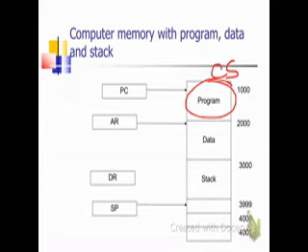Then you have another block here which says data, so this is nothing but the data segment. So you are executing a program, the program has been loaded into memory, the instructions are kept together in the code segment, and the data is kept together in the data segment.